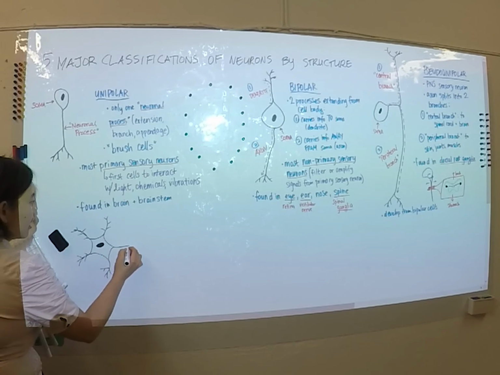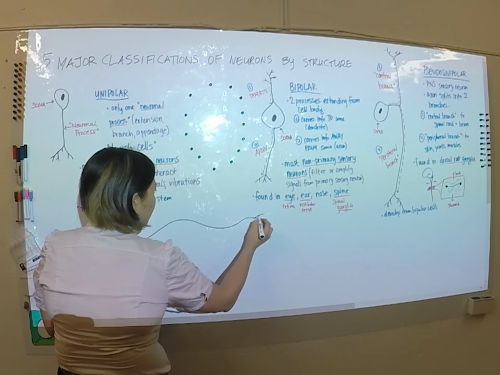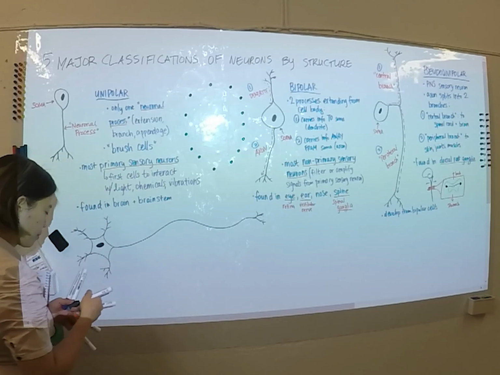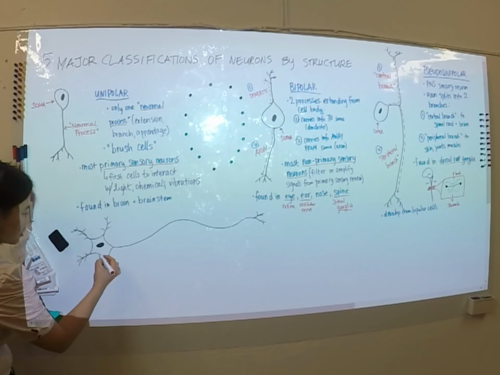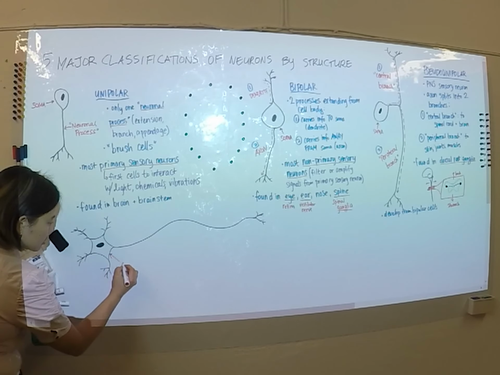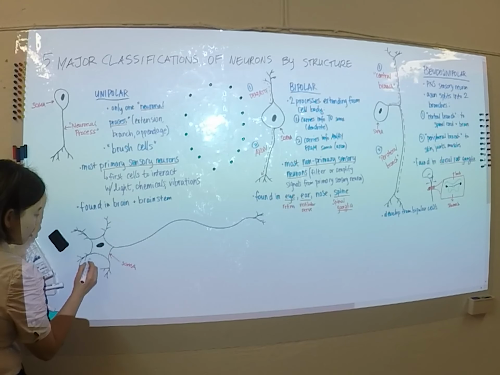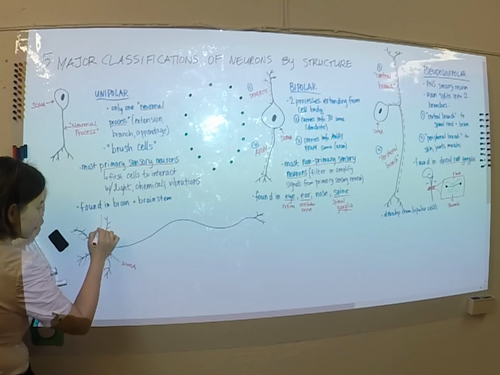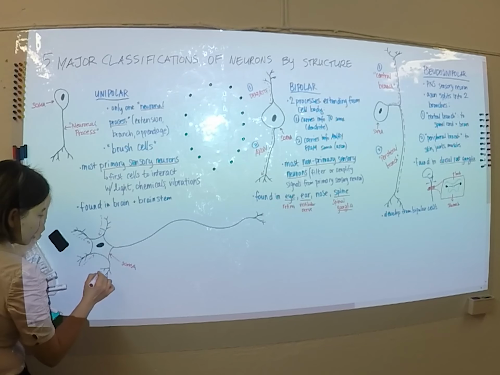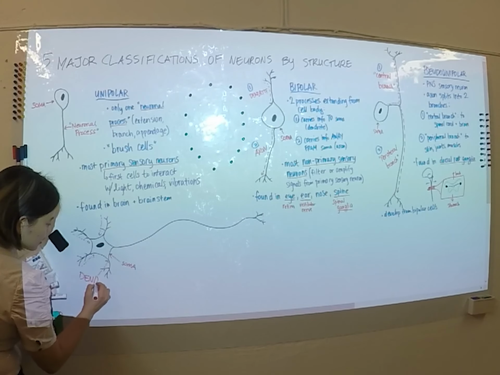Okay? And then it has this long tail. Okay, so let's label our dude: soma. Okay, and these all carry information towards the soma. Okay, so they are all dendrites.